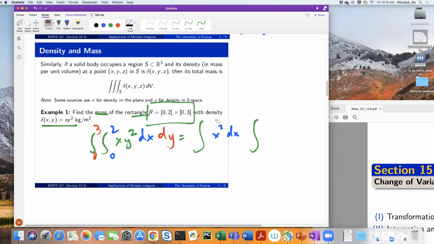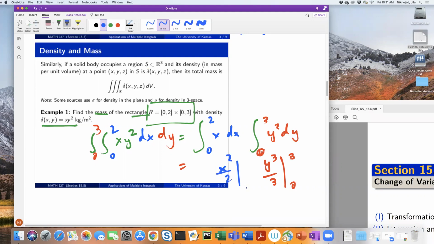So yes, the function is a function of x only times a function of y only. So I can separate this and write it as that over the rectangular region. And so the first one is going to be what? The second one is easier. This is 0. The first one is this.